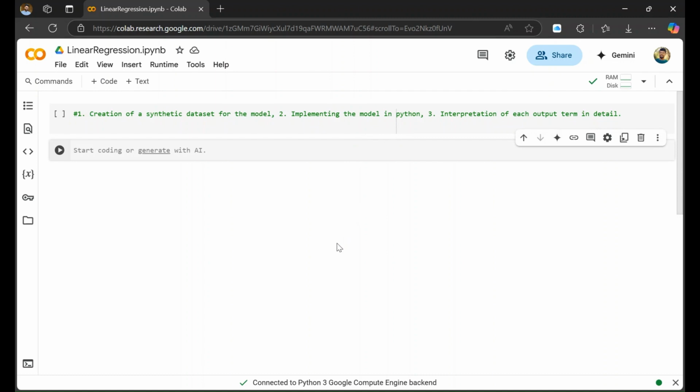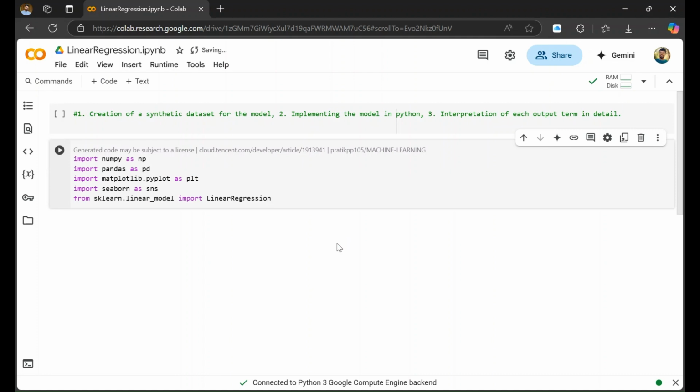Let's import all the required libraries. Import numpy, pandas, matplotlib pyplot, scikit-learn linear regression, and import statsmodels.